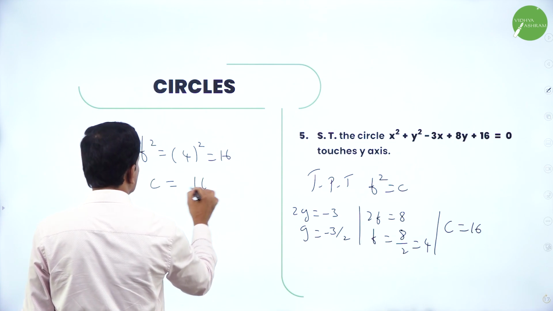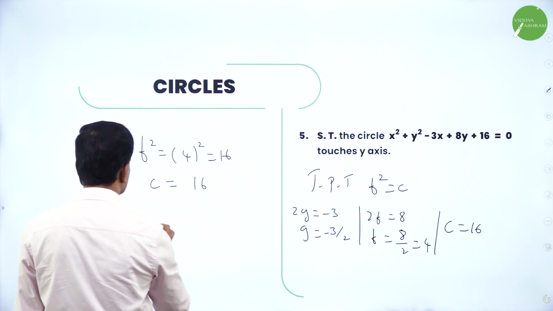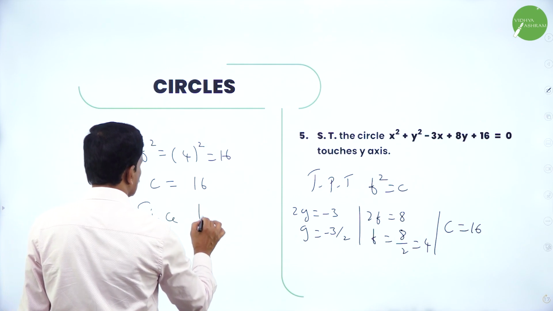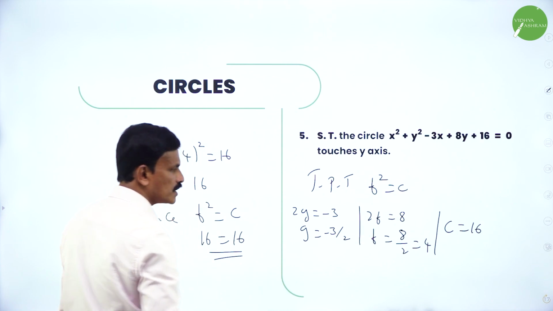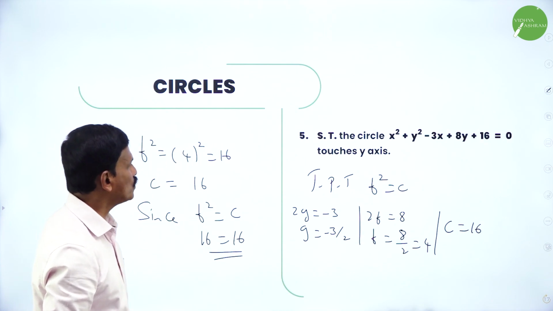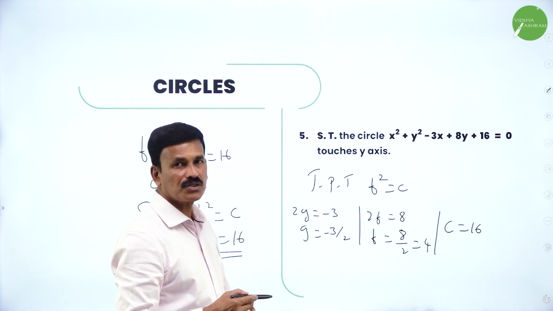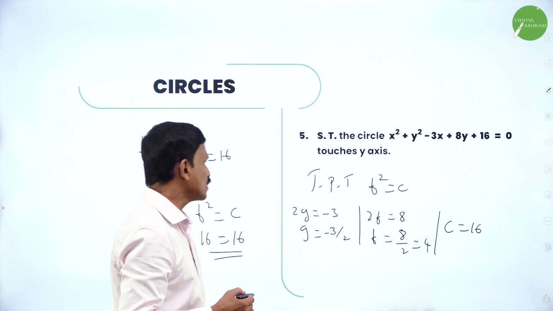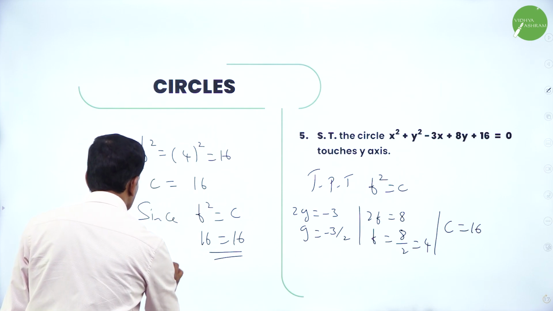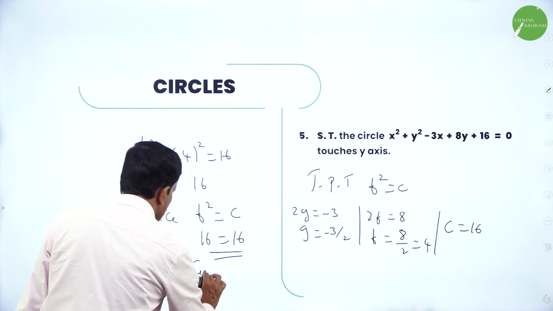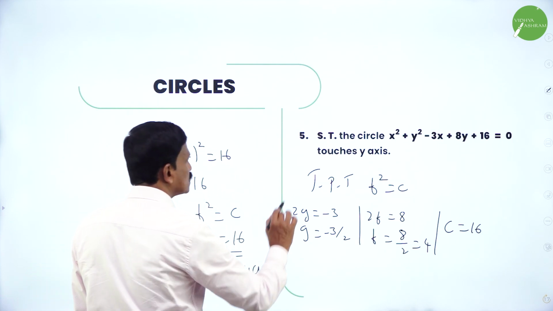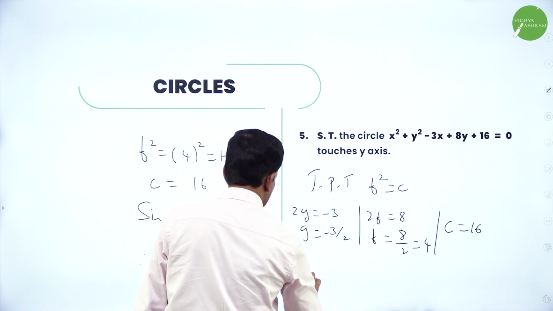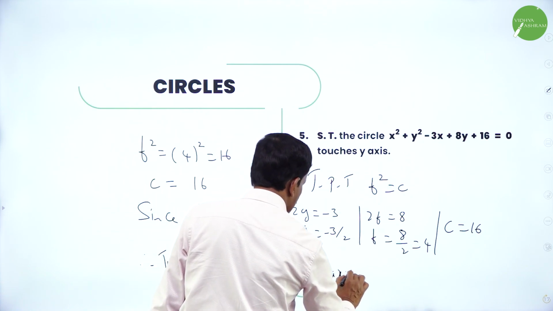What is c? C is 16. So now since f square is equal to c, that is 16 is equal to 16, therefore the circle x square plus y square minus 3x plus 8y plus 16 touches the y-axis. So therefore the given circle touches the y-axis, right?